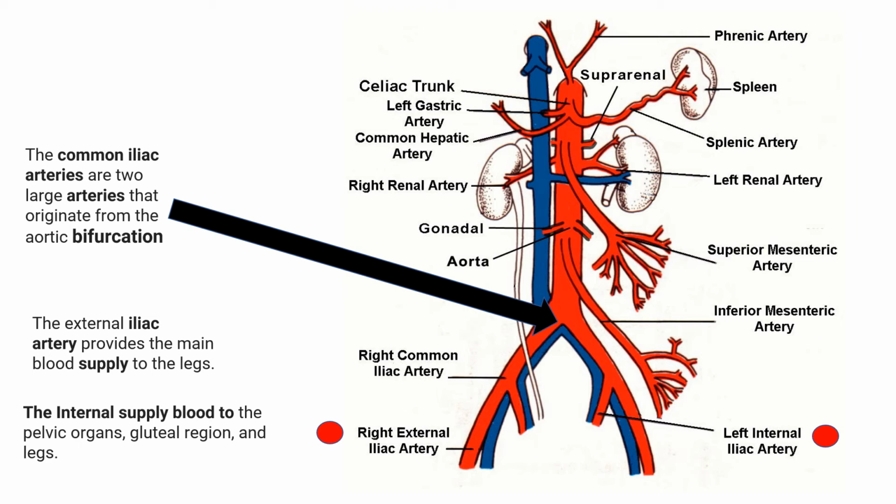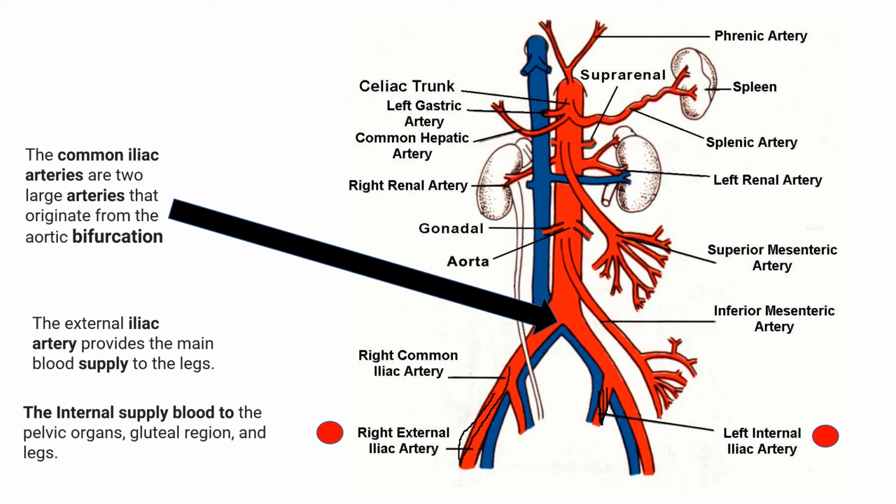Again, like I said, the bifurcation here. Then we talk about the right external iliac artery and the left internal iliac artery. So you've got the external bouncing off to the outside, and then you talk about the internal.